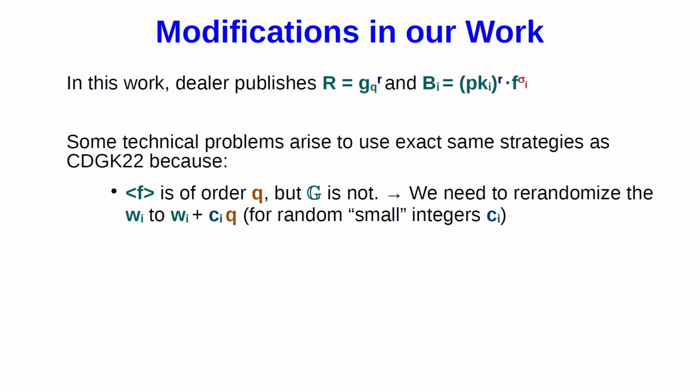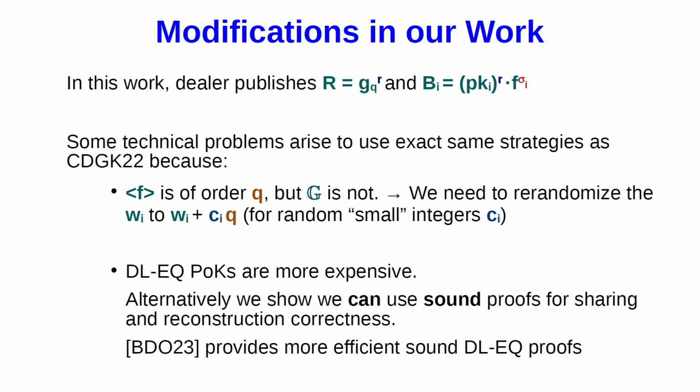So in order to ensure that the dealer is doing the correct thing, we have to add some random small multiples of Q to these WIs that were sampled from, say, the range 0 to Q. So this is one thing. You can see it in the paper.